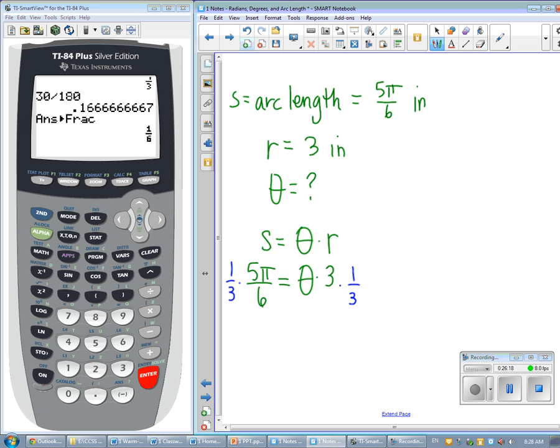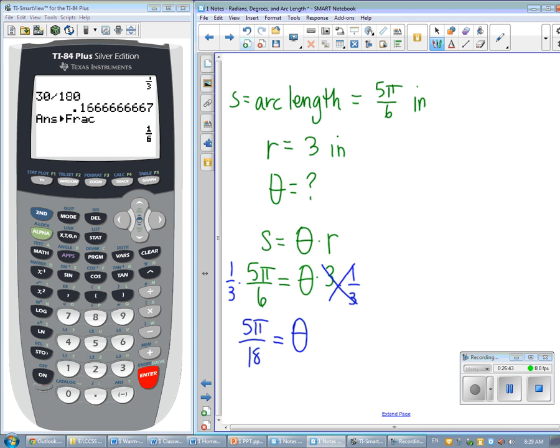Because if I'm dealing with fractions, I don't want to take 5 pi over 6 and then divide that by 3. That'll be a little confusing. But 3 times 1/3 I know is going to eliminate the 3 from the right side of the equation. And now if I'm multiplying fractions, it's a little bit easier because I just multiply the top and I multiply the numbers on the bottom, my denominators, and I get 18. So I know that theta is equal to 5 pi over 18.